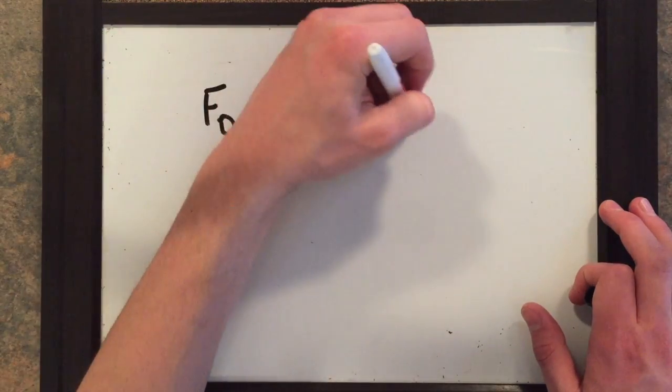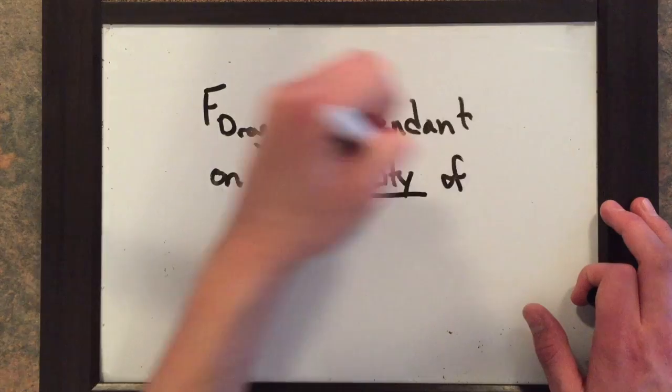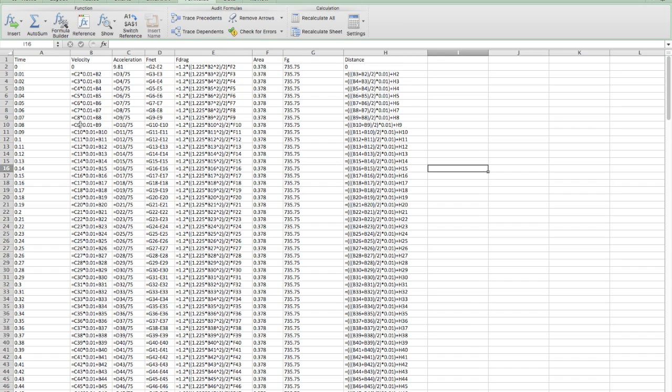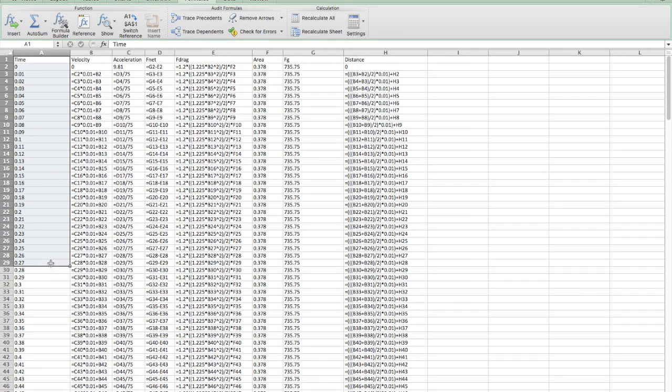For the next part, it is important to note that the force of drag is completely dependent on the velocity. With that being said, there is not just one simple equation you can use to find the velocity at a given time. So a table is created to show how each variable relates to one another. Starting with time, we can make 1/100th of a second increments to show how it will relate with each of the other variables.